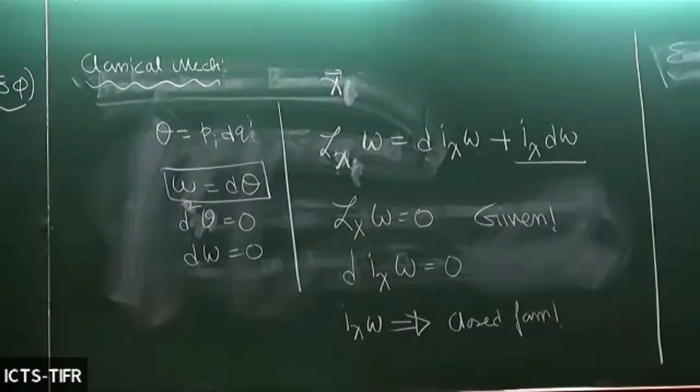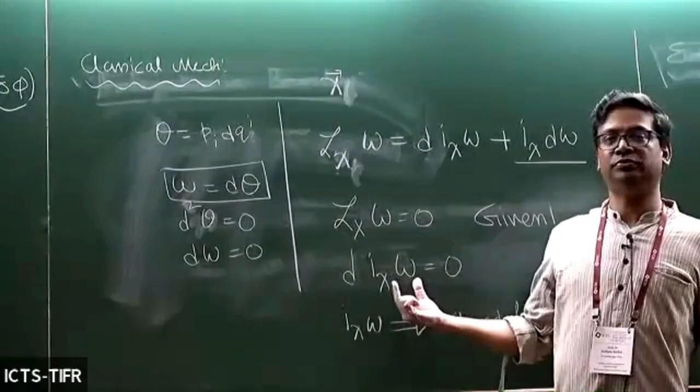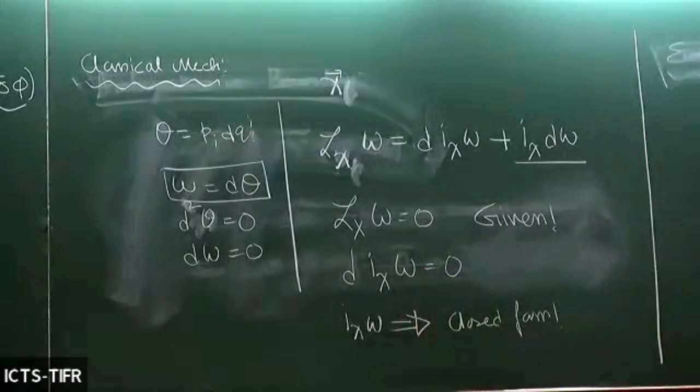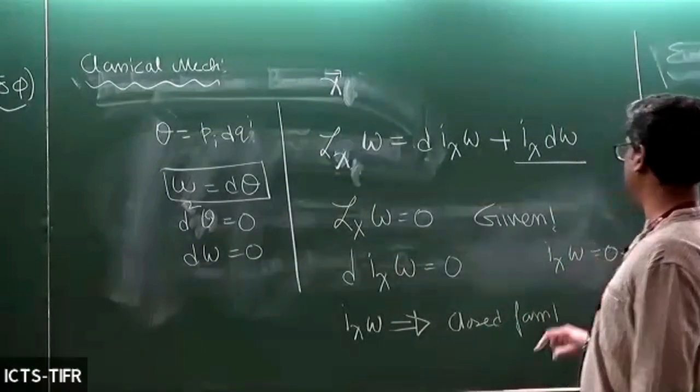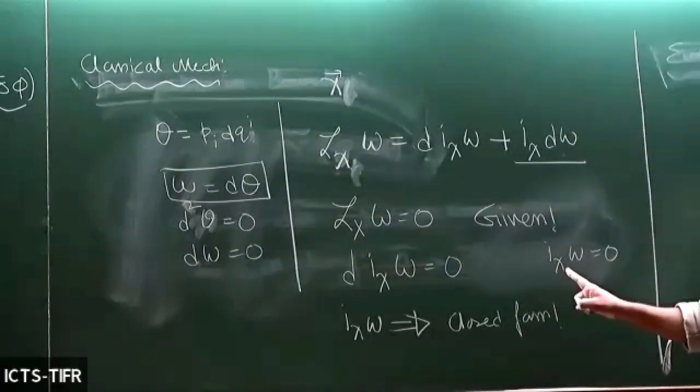But modulo a very, very important fact, this omega is a non-degenerate form. What it means is that if you look at the matrix, it has non-zero determinant. Or in other words, if this object I chi omega is 0, it is only possible if chi is 0.